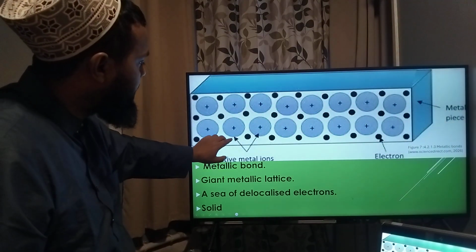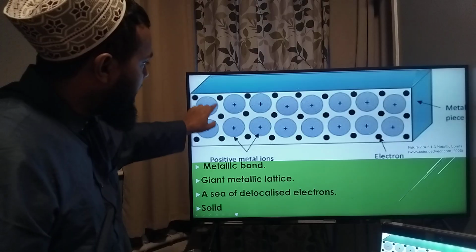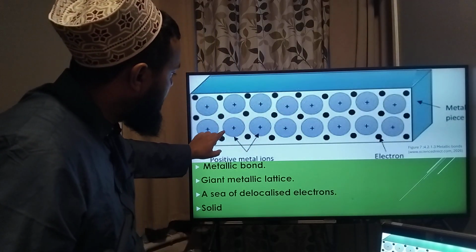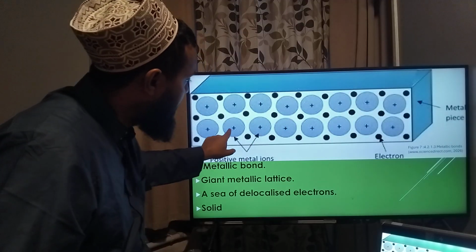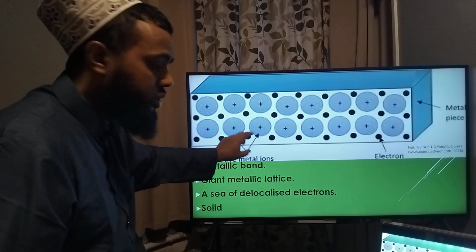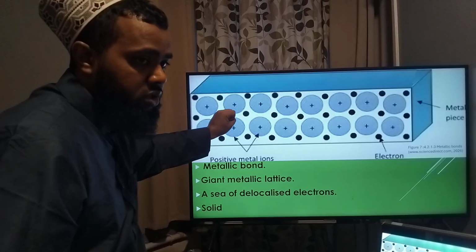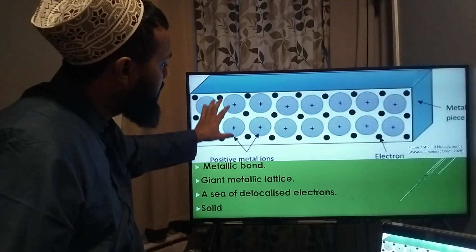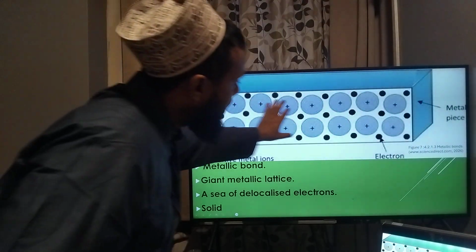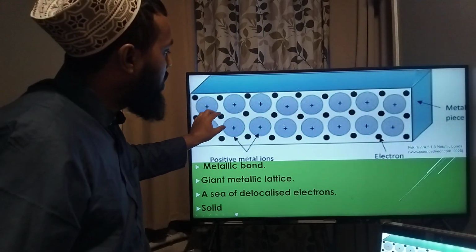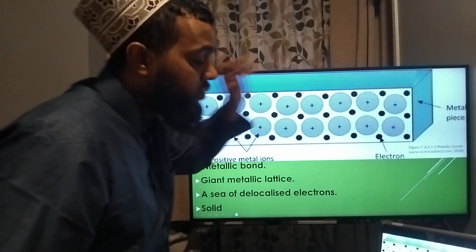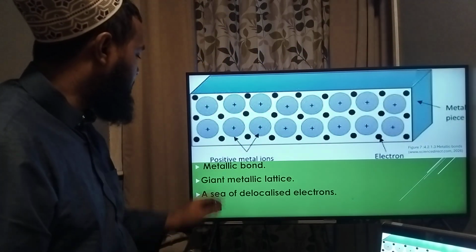Those electrons came because the atoms lose electrons and cause a sea of delocalized electrons surrounding these metal atoms.